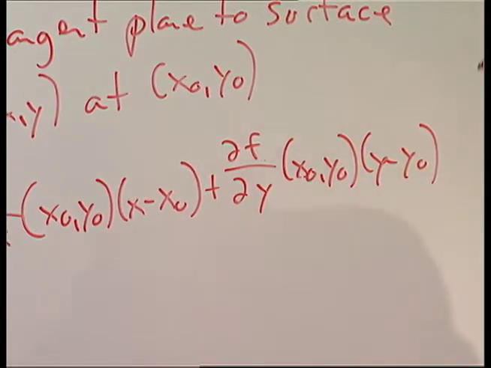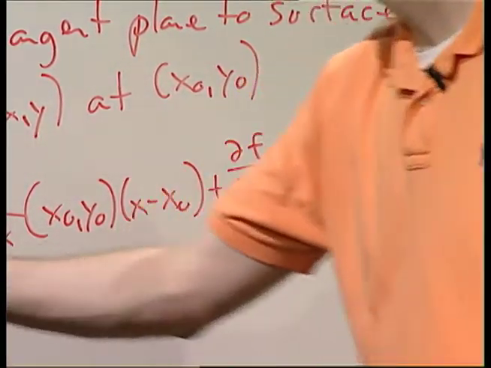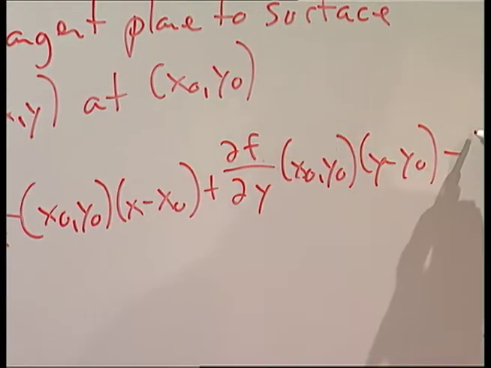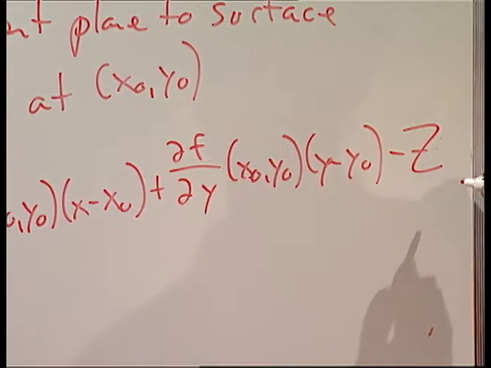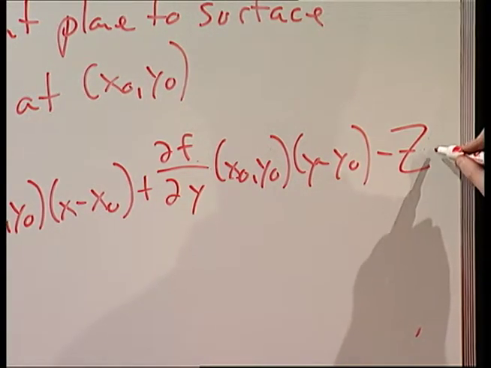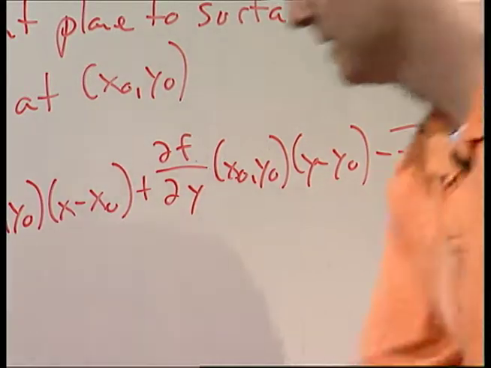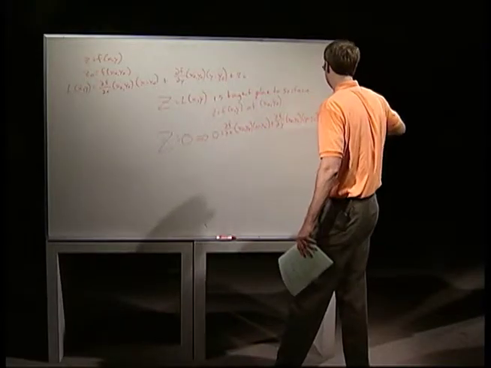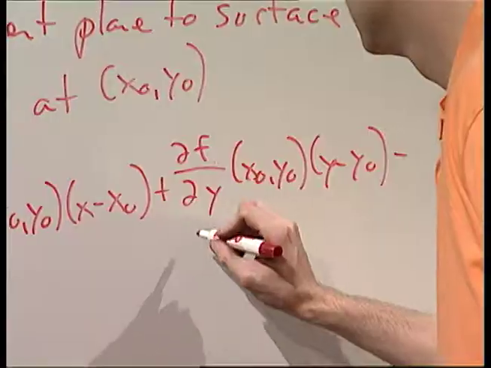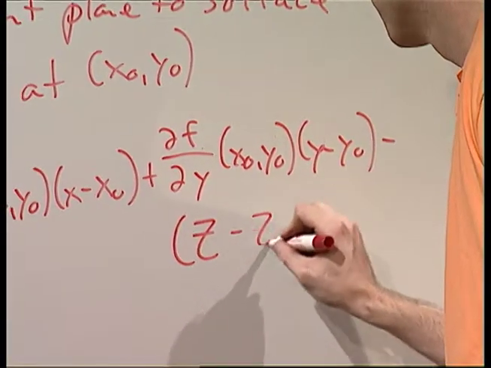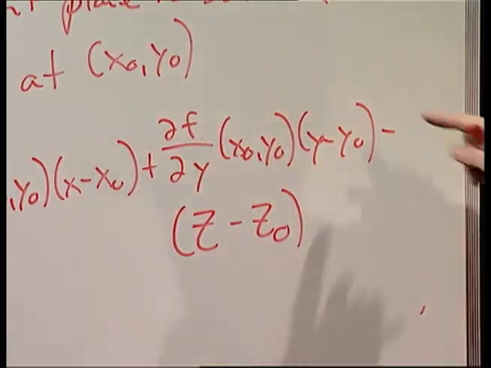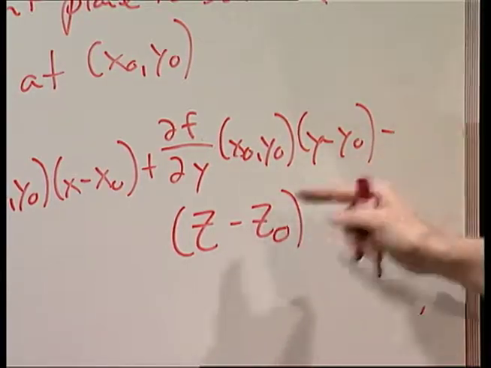And then if I wanted to, I could move this z over. So I could have a minus capital Z, and then a plus z naught. I could rewrite plus z naught as minus a negative z naught.